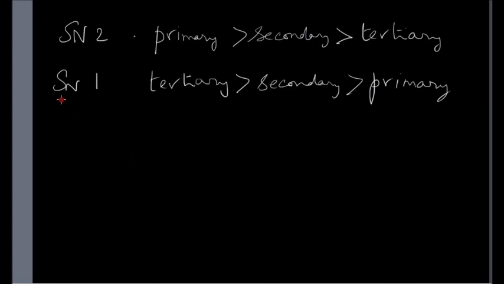With regard to SN1 mechanism, a carbocation is formed in the first step, and you know that a tertiary carbocation is more stable than a secondary carbocation, which is more stable than a primary carbocation. Hence, for SN1 mechanism, tertiary is the most reactive one. In the case of a secondary alkyl halide, it can follow either of the mechanisms.